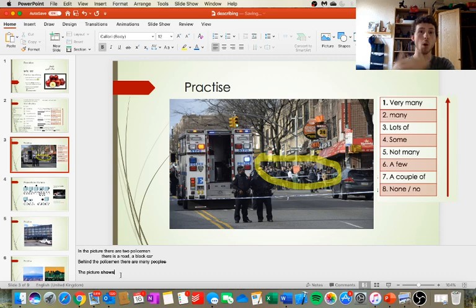So what is in the picture? What can you see? The picture shows. So I show you this pen. I show you. You can see it. I show you. The picture shows us.